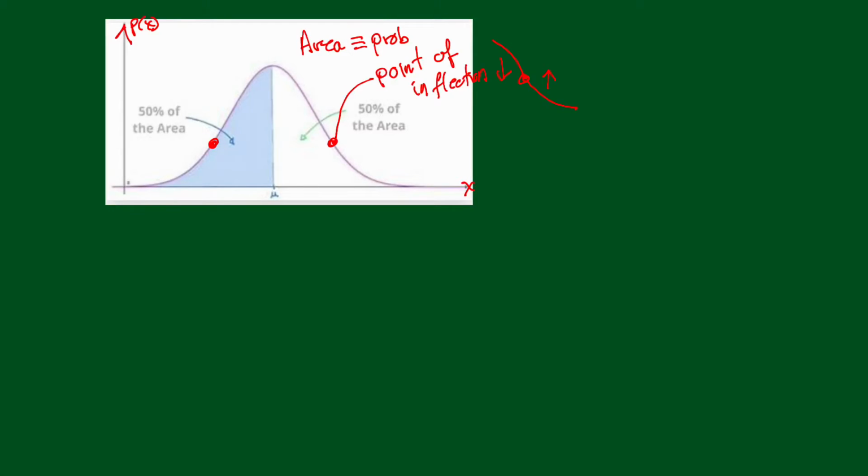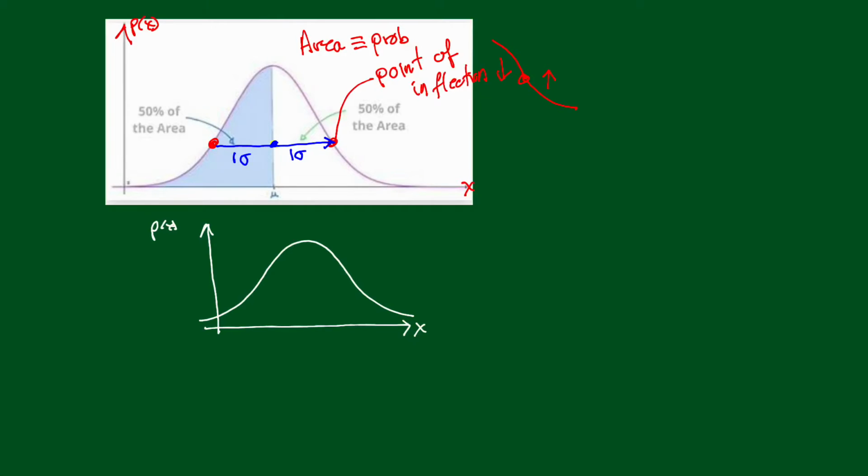And now once you have the point of inflection, from the mean out to that point of inflection, this is one standard deviation. So from here to here, that's also one standard deviation. So for example, I'll draw a curve here as best I can. Let's say the mean is maybe 20 minutes.